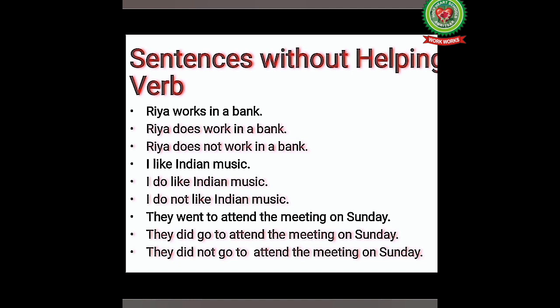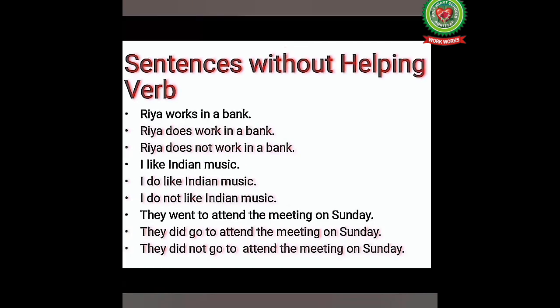Ria is the name of one girl, so we have to use word does. Ria does work. When we use word do and does, we never use word s or es. So our answer is, Ria does work in a bank, and the negative form is, Ria does not work in a bank.